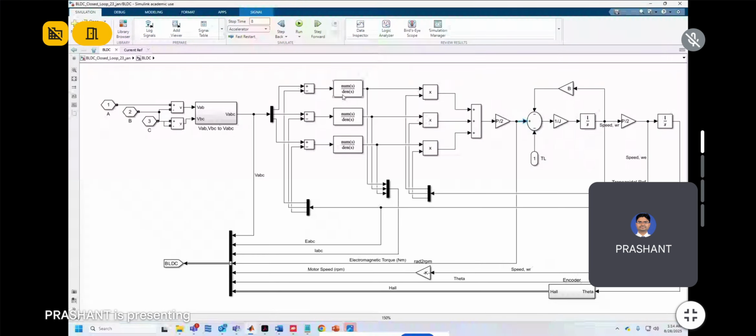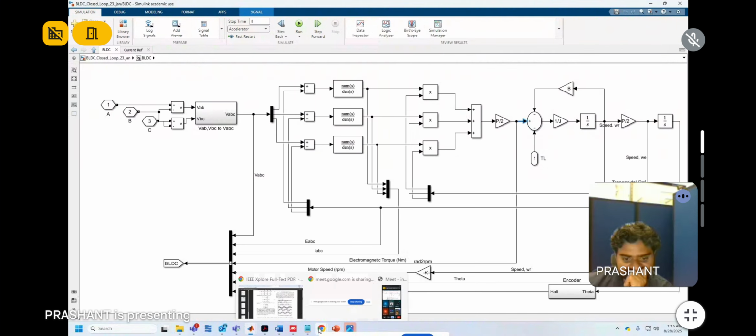Now this was the electrical dynamics. Coming to the mechanical dynamics, we have the electromagnetic torque and some load torque. I have not written these equations somewhere, but I should have.